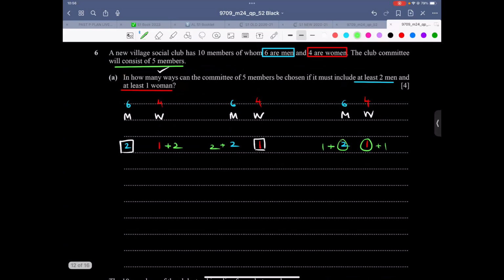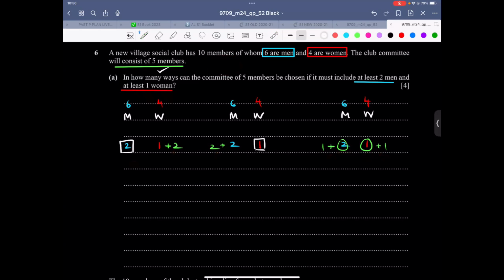Now double check the working. That means at least 2 men, in this case, exactly 2 men and exactly 3 women. At least 1 woman, so exactly 1 woman and at least 2 men will become 4 men. And these 2 are both increased by 1 and 1 because we have the gap of 2 and we are playing it around, either adding a 2 over here or adding a 2 over here or adding a 1 and 1 over here.